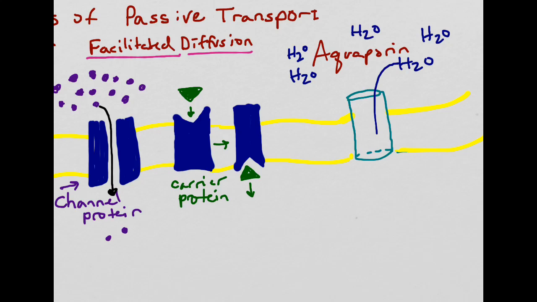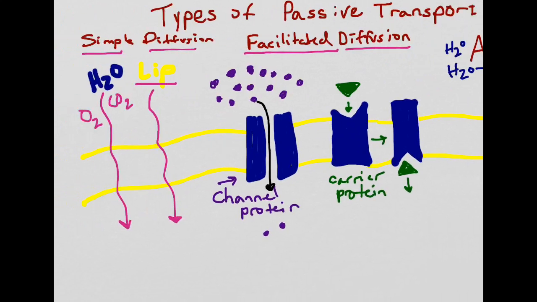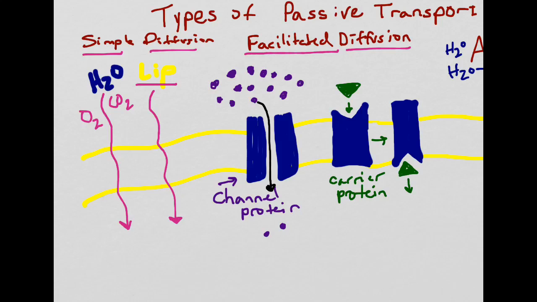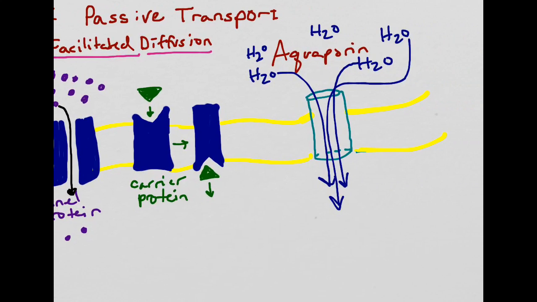So this is a water channel specifically designed for water to be able to go down its concentration gradient, and it's called an aquaporin. Okay, so those are the three types of passive diffusion: simple diffusion through the membrane, facilitated diffusion using a channel protein or carrier protein, and an aquaporin special channel designed just for water.